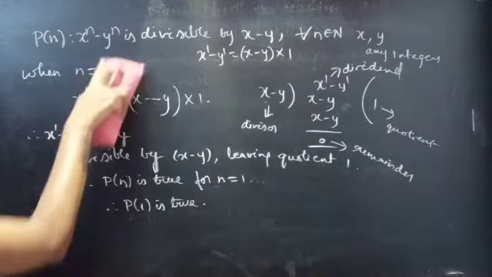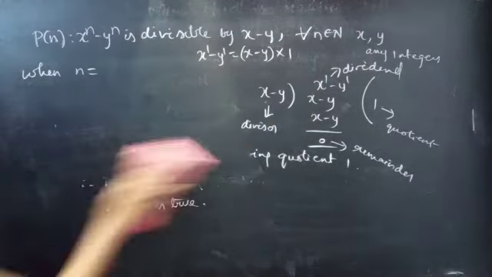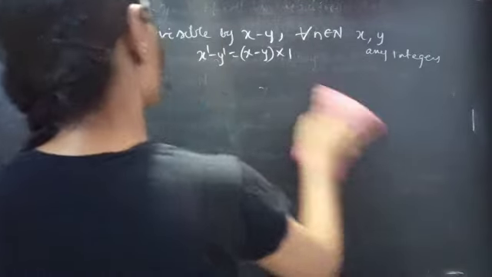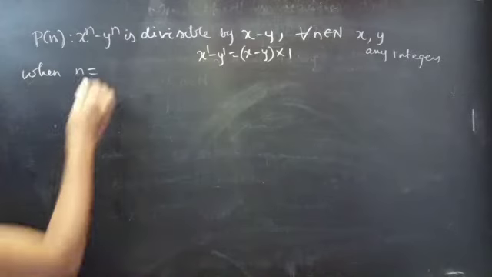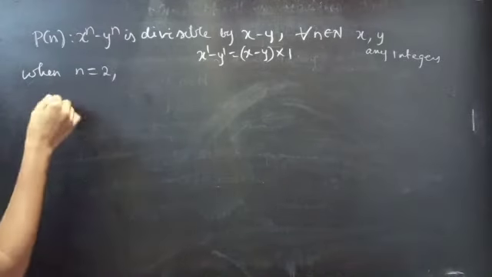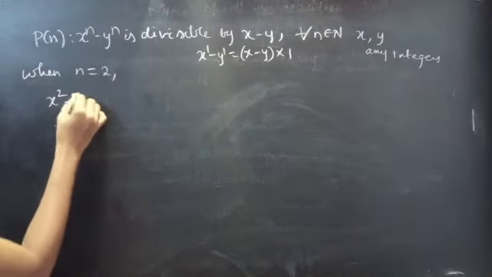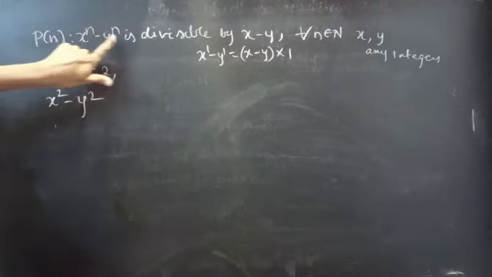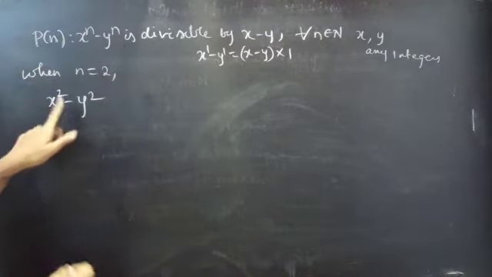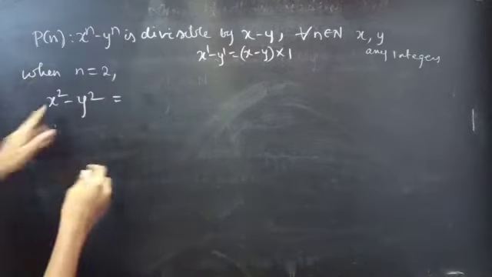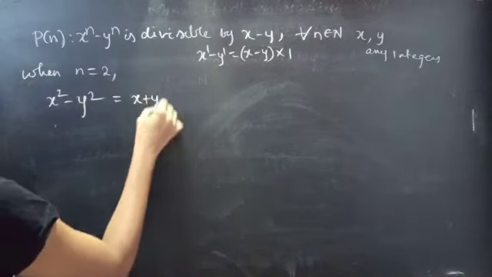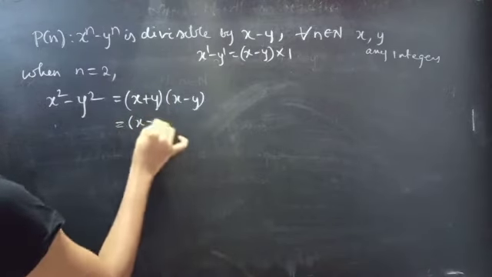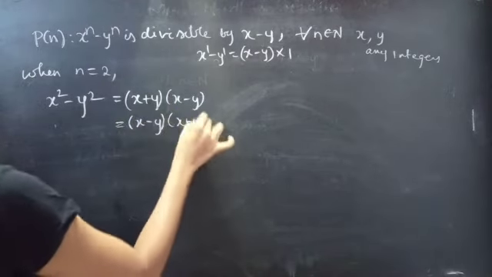Now let's see for n equals to 2. Substitute n equals to 2 in x power n minus y power n, then you'll get x square minus y square. You can write x square minus y square as x plus y into x minus y, or you can write this as x minus y into x plus y.